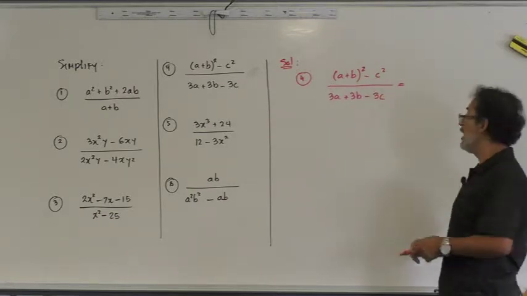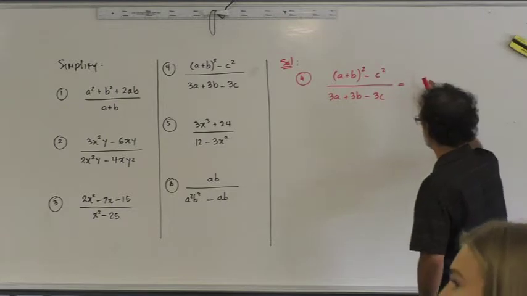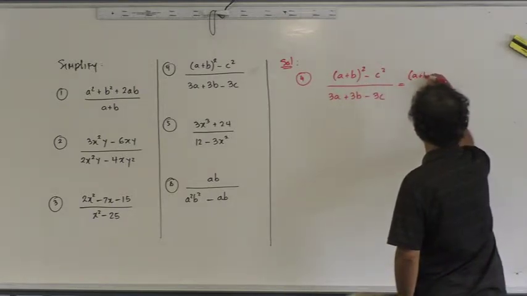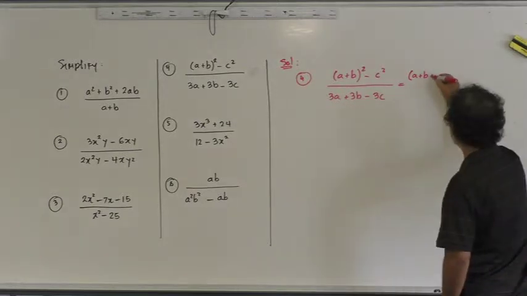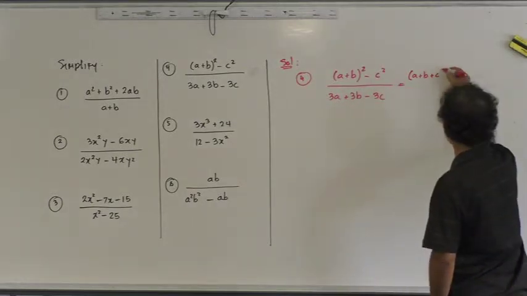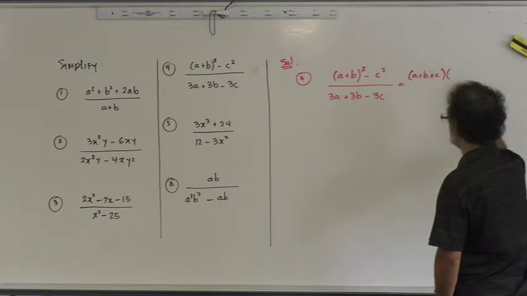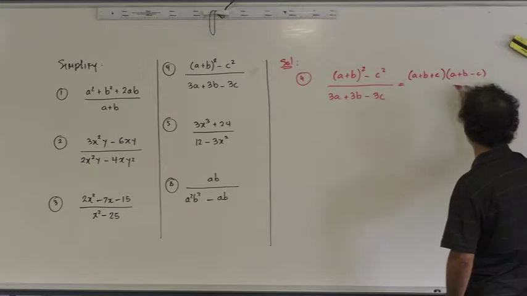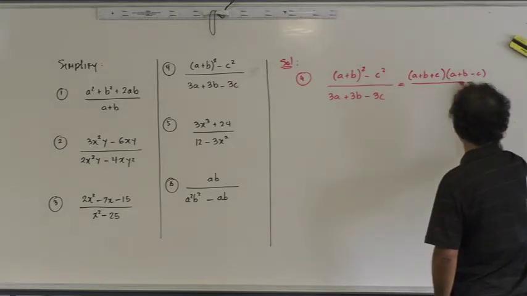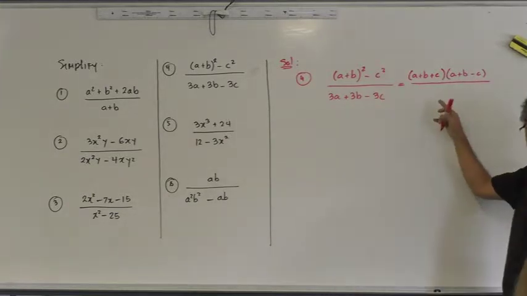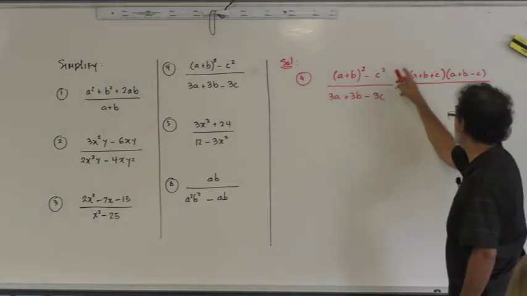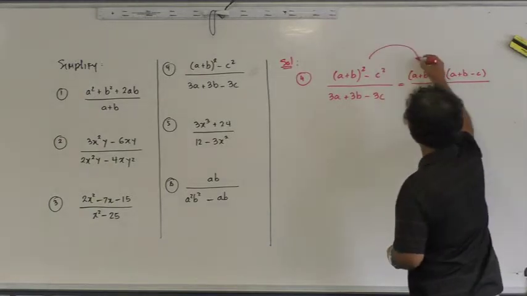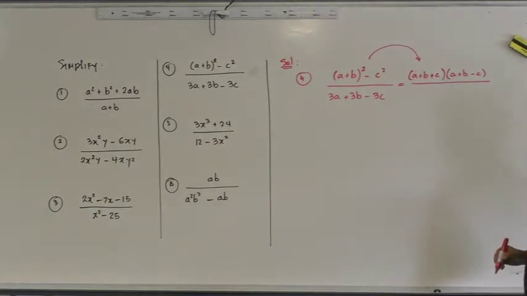Okay, and when you have difference of two squares, then you do the first term, which is a plus b, plus the second term, so we're going to say c. And then you do exactly the same, so you do a plus b, but then you take away c. Okay, are you okay going from here to here? Yep. Okay, so going from here to here is not too bad.